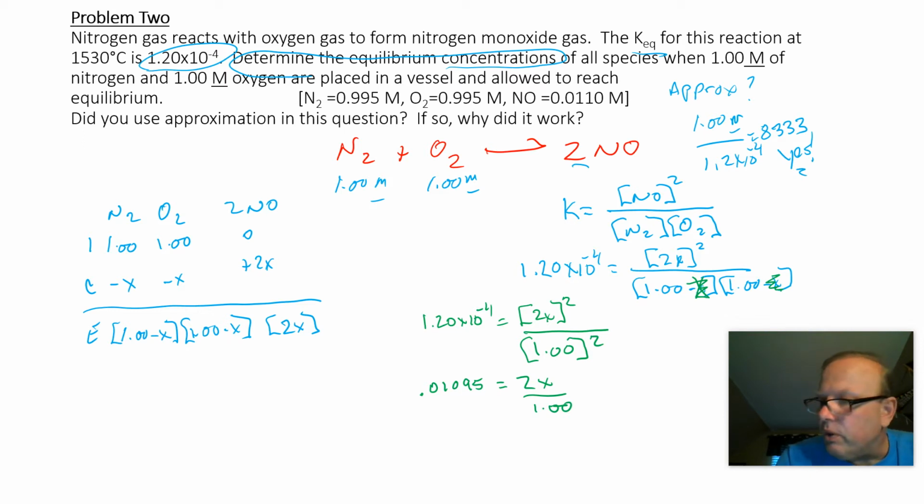So let's just ignore the times 1.00. So what I have now is x is equal to 0.01095 over 2. And I end up with a final x value here equal to, what did I get? 0.00547.